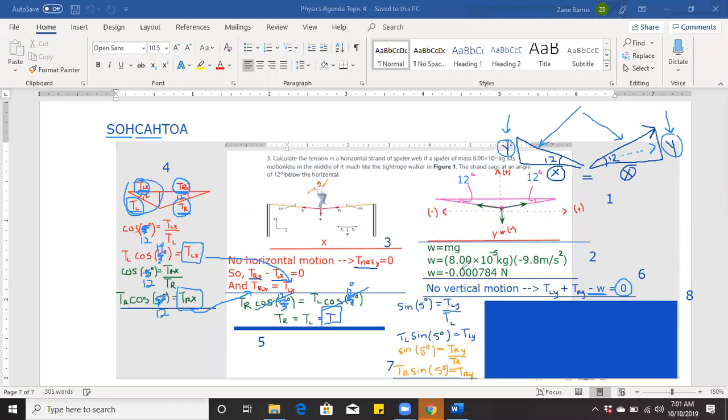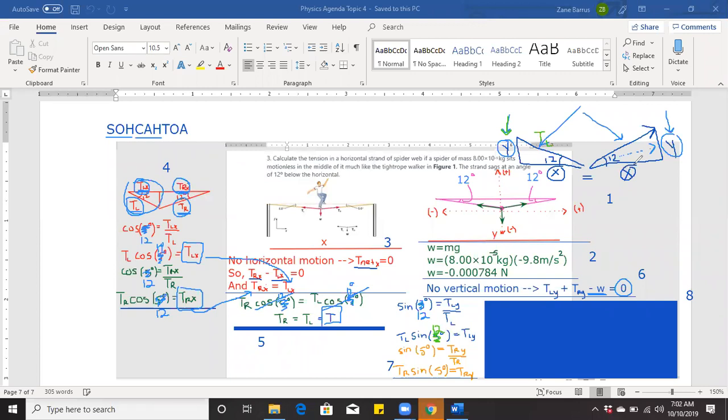So the sine of, once again, 12 degrees is equal to my opposite side, which is TLY. We're talking about this left triangle first, right here. So TLY divided by its hypotenuse, which we're going to call TL. Very similar to what we did on the horizontal side of our work. And if I multiply that TL over, I now know that TL times the sine of 12 degrees is going to be equal to TLY.